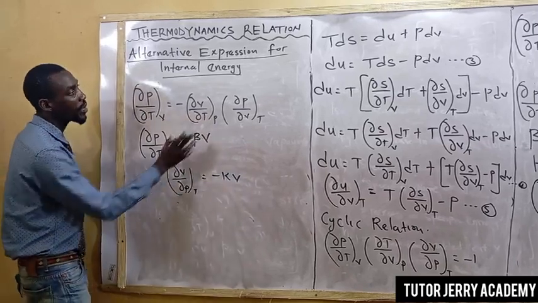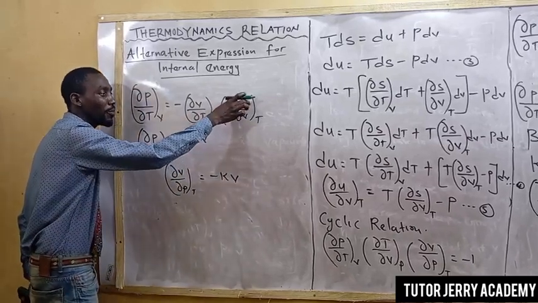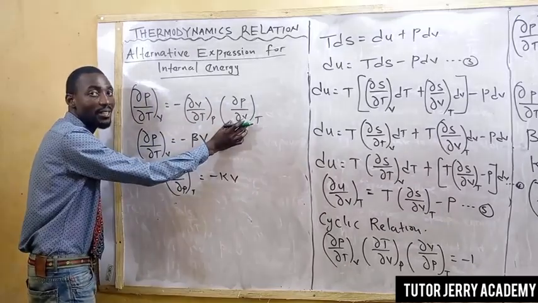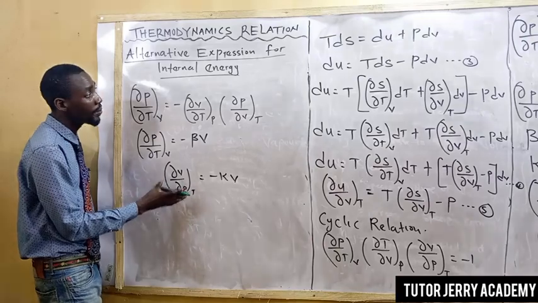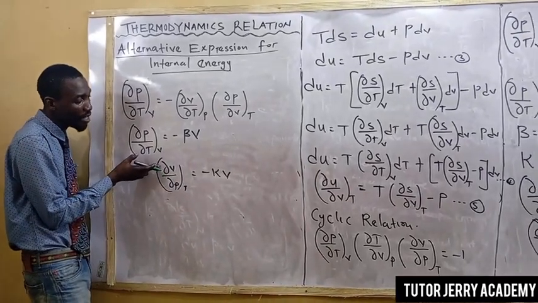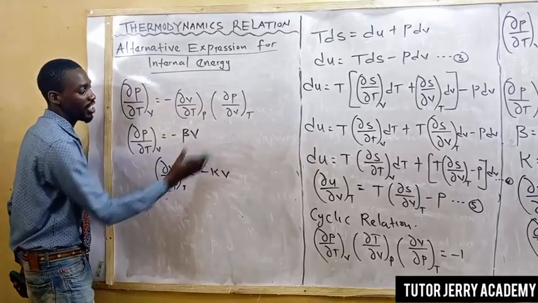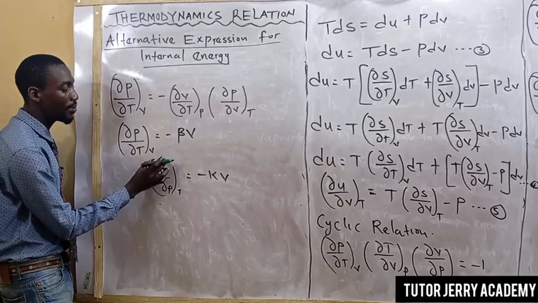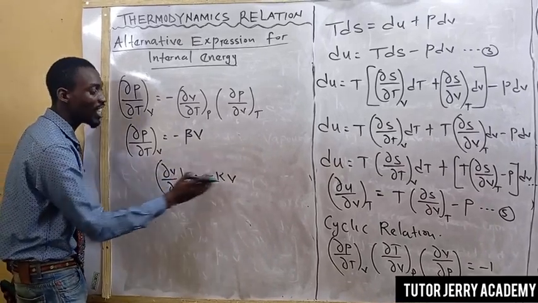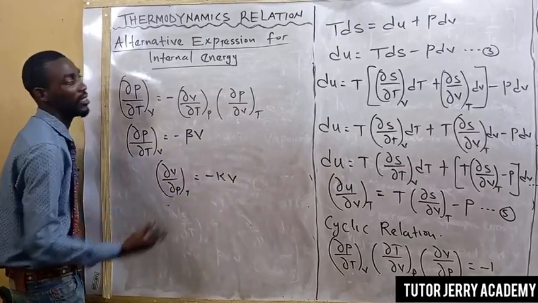All right, but what we have here is partial derivative of p all over partial derivative of v. So for us to have partial derivative of p up and partial derivative of v down, it means we are going to take the inverse of both sides. That's just what it implies.